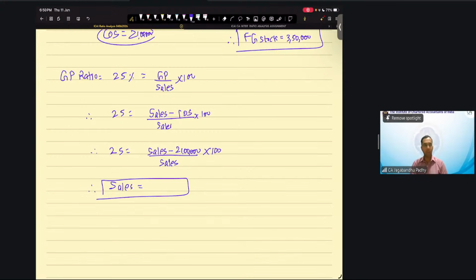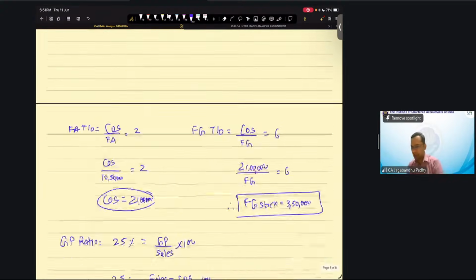So what's the sales value? 28 lakhs. Correct? It is 28 lakhs, because solving 25 upon 100, which is 0.25, is going to give you the sales value as 28 lakh. This 28 lakh is of no use in our balance sheet.